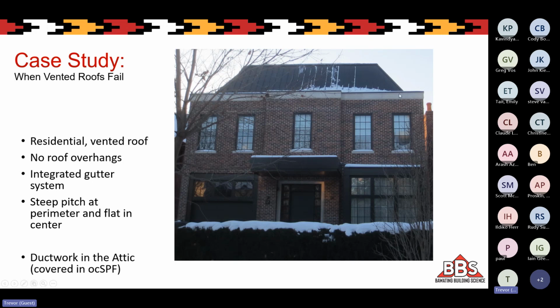There's an integrated gutter system behind this little parapet wall here. There's a really steep pitch at the perimeter and a flat section of roof at the top. The other thing that's really important in this case study is that there's ductwork in the attic, and I'll show you a picture of that. And it's covered with open cell spray foam.